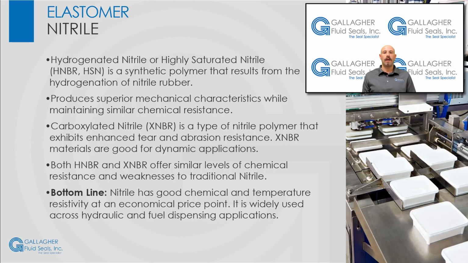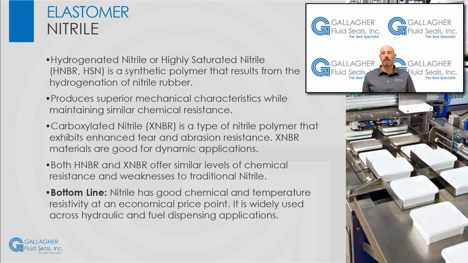HNBR is a synthetic polymer that results from the hydrogenation of nitrile rubber. This produces superior mechanical characteristics such as wear resistance, extrusion resistance, and elevated temperature properties while maintaining similar chemical resistance.